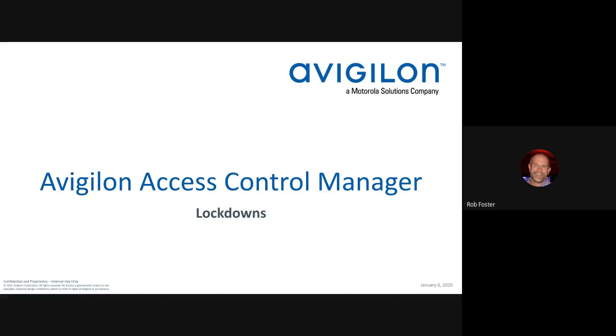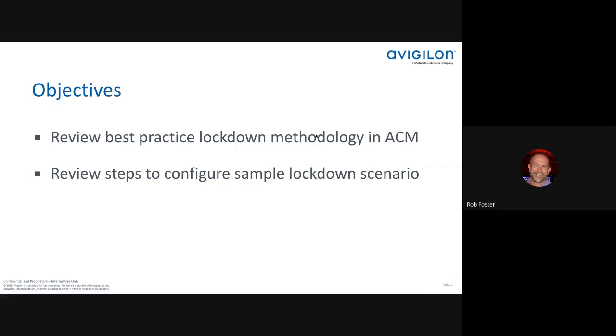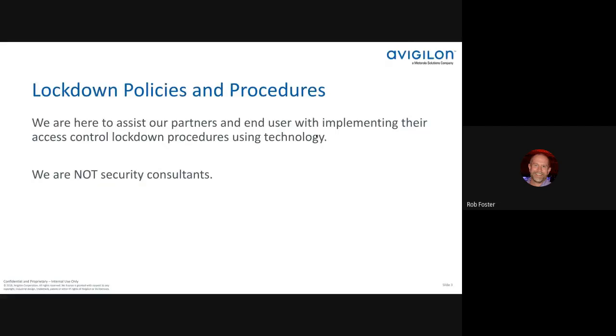But I want to make sure that you all understand that we're not security consultants, so we're not here to tell your end users how to do a lockdown, or if under this circumstance they need to do a lockdown, and so on and so forth. We're here to help our end users enforce their lockdown policies through technology. In this case, the technology being ACM.